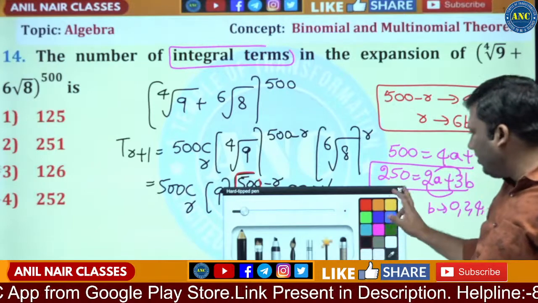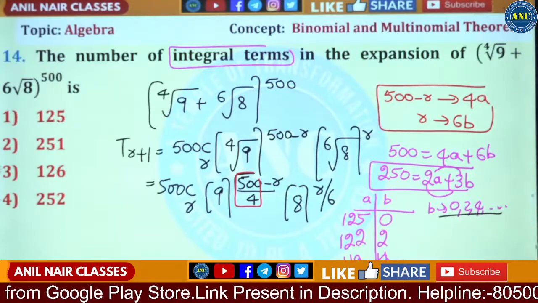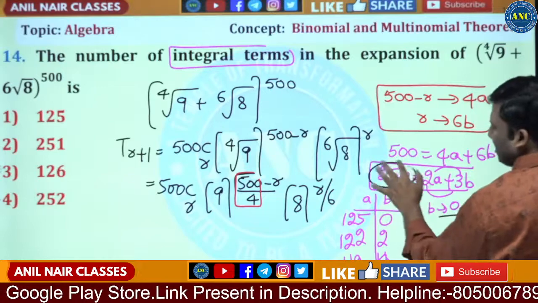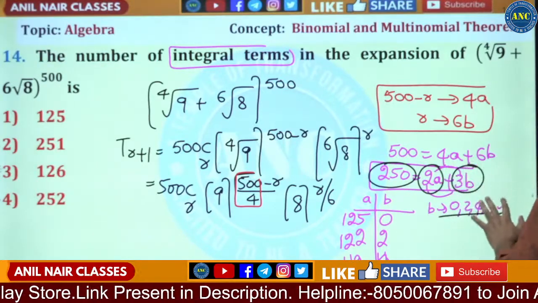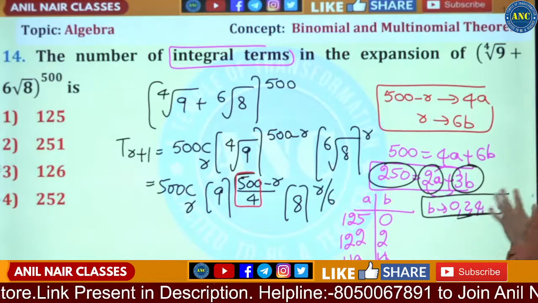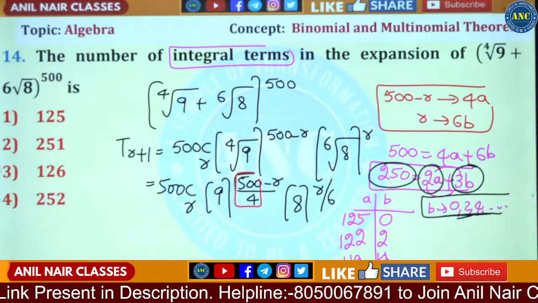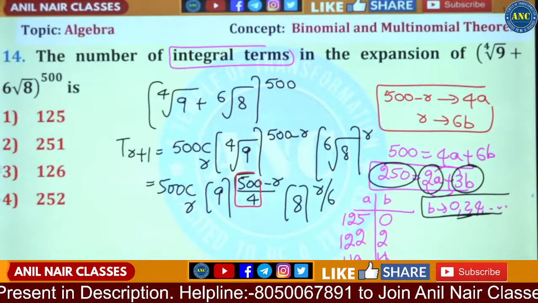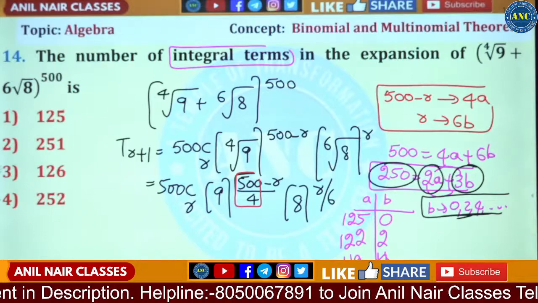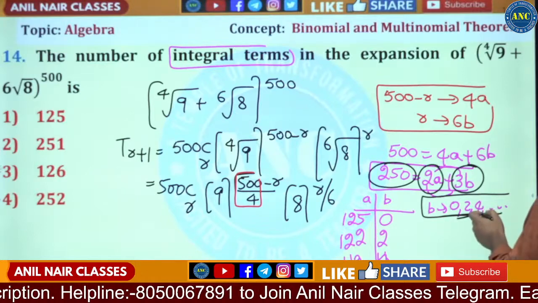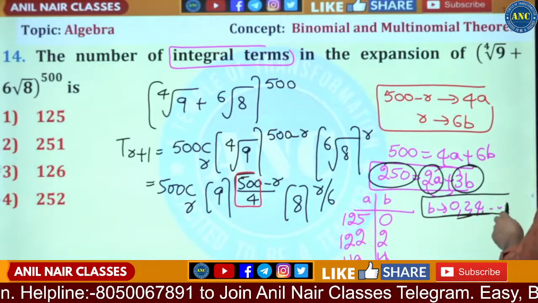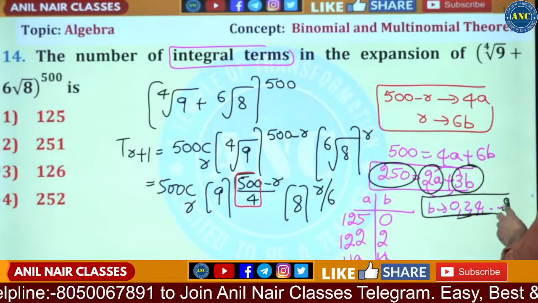It is easily visible that b will take even values, because 250 is an even number, 2a is an even number, and 3 is an odd number. So b should take even values. How long? 0, 2, 4, 6, 8 and so on up to 82.